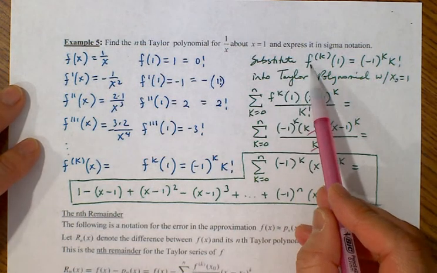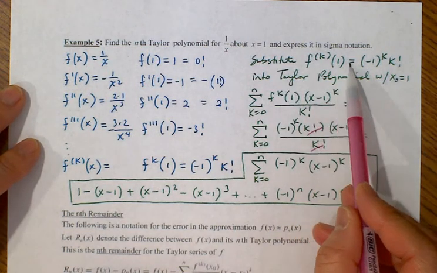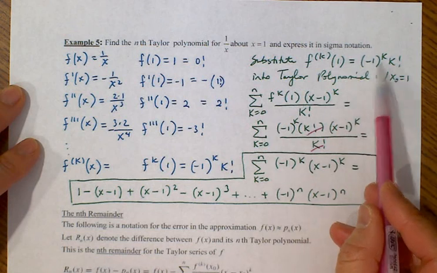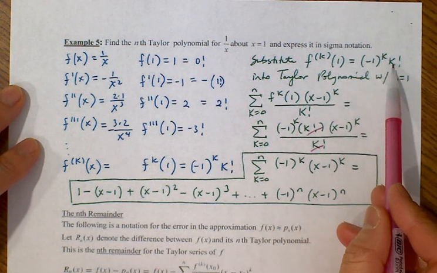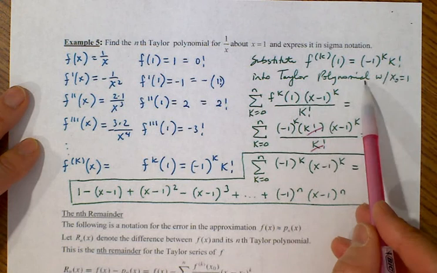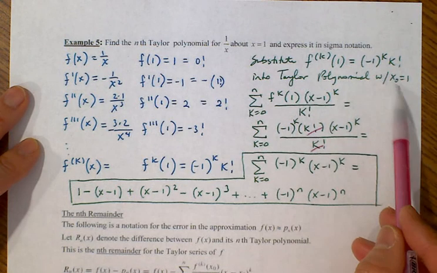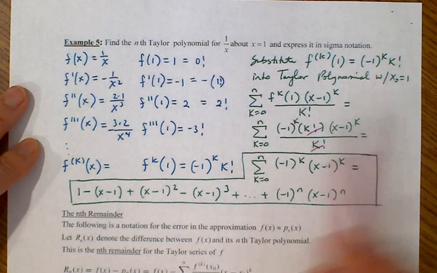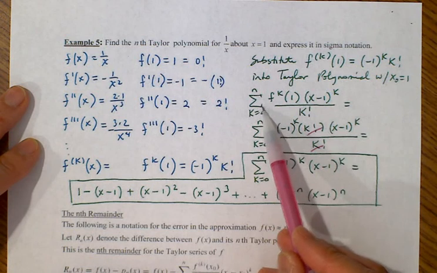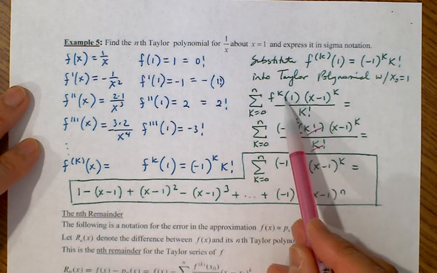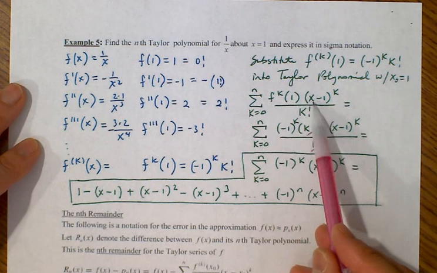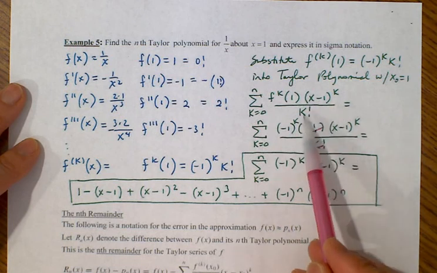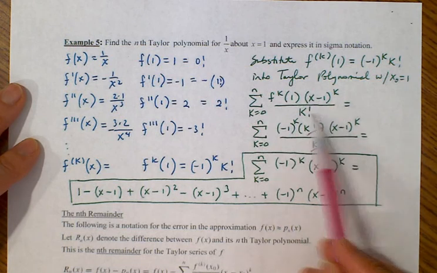Now I'm going to substitute negative 1 to the k power times k factorial for the kth derivative of f at 1 into the Taylor polynomial with x sub 0 equaling 1. That gives me a summation of the kth derivative of f at 1 times x minus 1 to the k power all over k factorial.